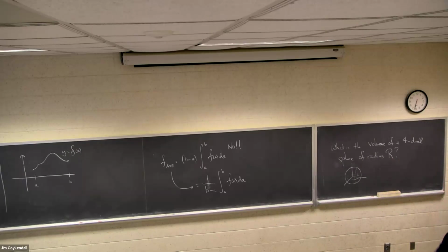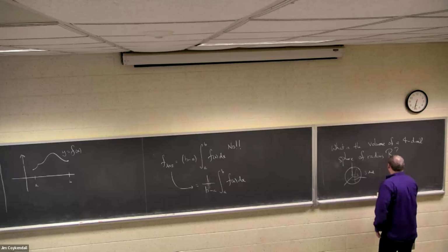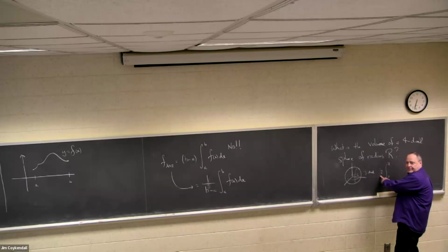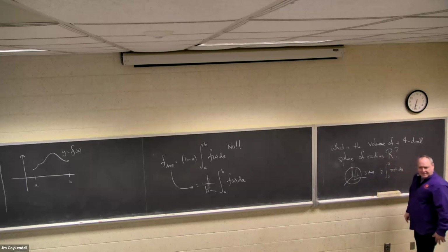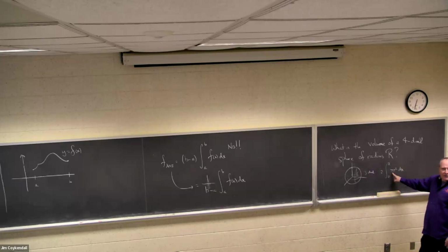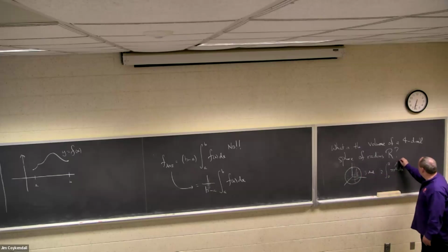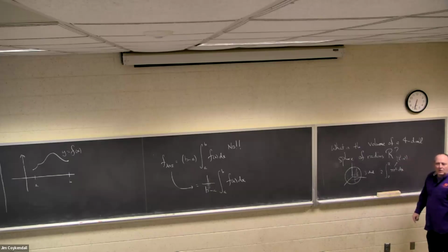So for three dimensions, it's the integral from 0 to r, and we'll double it because I'm a lazy man, of pi r squared dx, because every cross section has area pi r squared. My only problem now is to get r in terms of x, and I can use the circle to do this. It's capital R squared minus x squared, and there you go.